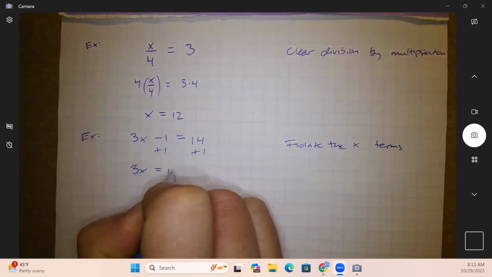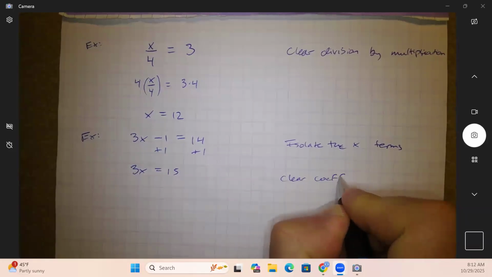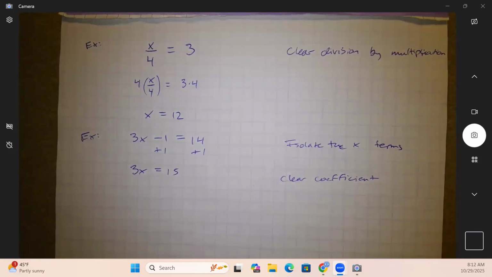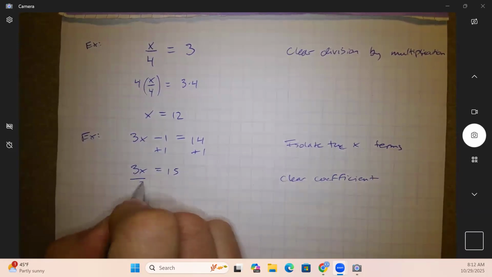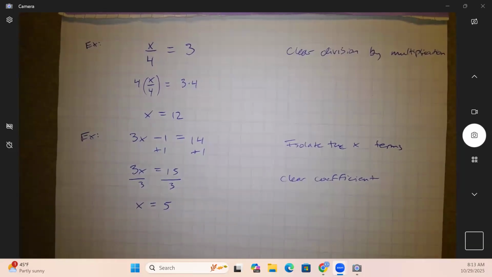And I get 3x equals 15. And then we want to clear the coefficient by dividing both sides by 3. And we get x equals 5. And we can have different versions of two-step or multiple step equations.